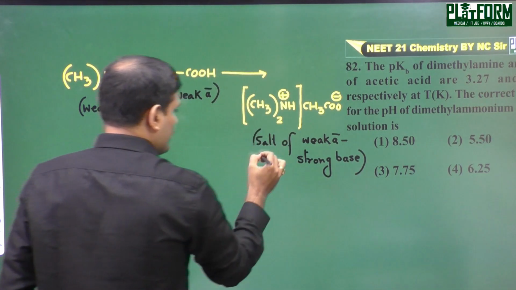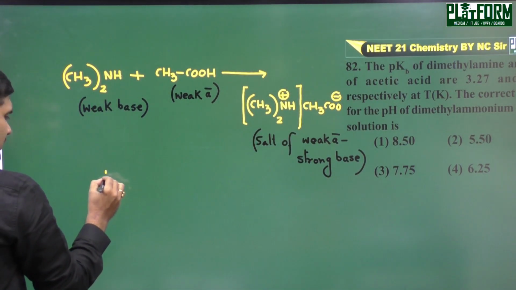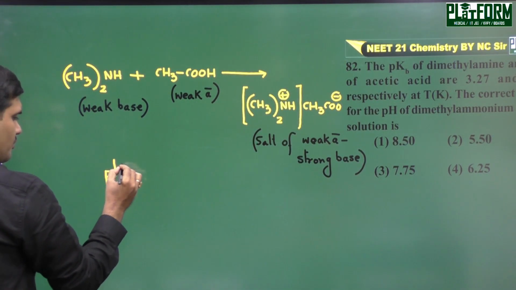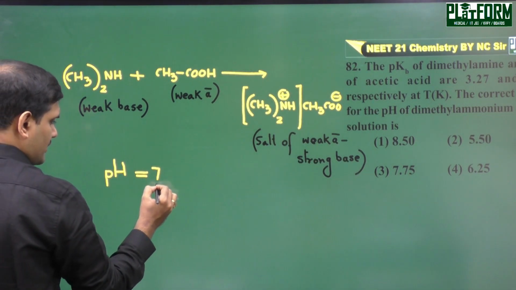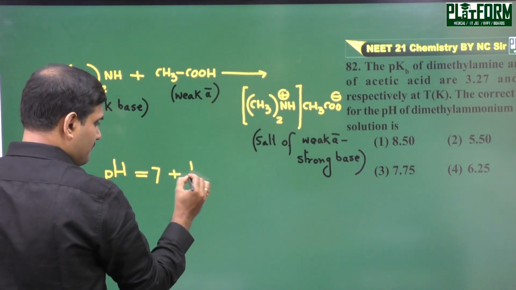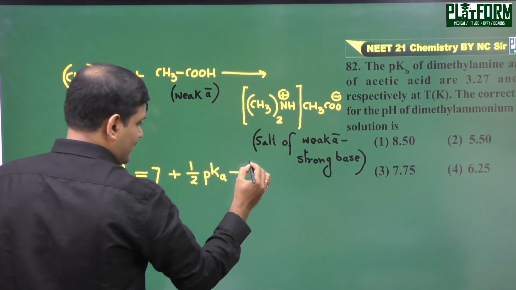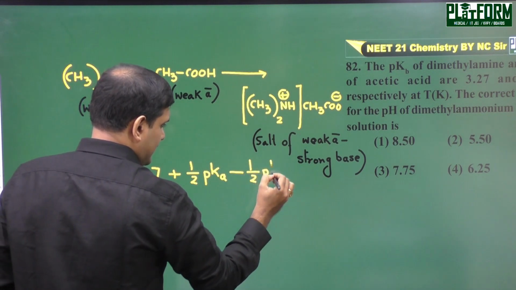Now for calculation of the pH of such a salt, it's simple. We have to memorize this formula: pH is equal to 7 plus half pKa minus half pKb.